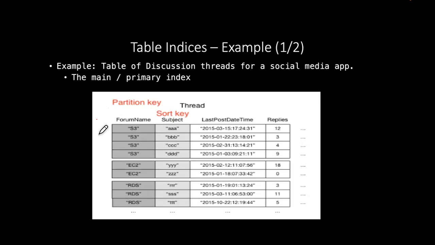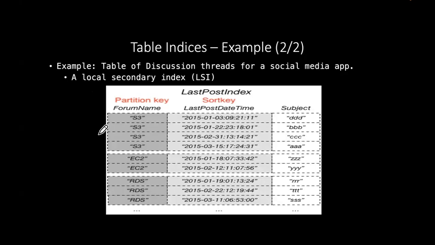But enter LSIs. Now I can define a local secondary index where the partition key is still the same, but the sort key is the last posting date for a particular thread. Unfortunately, DynamoDB doesn't have a date type natively, so we have to treat this as a string.